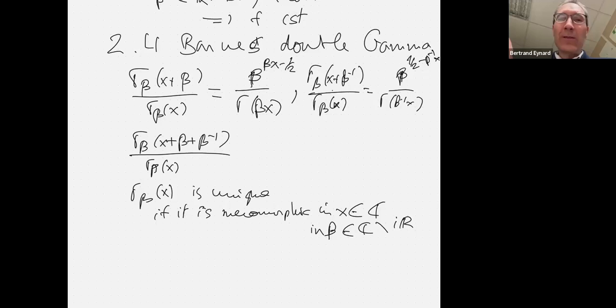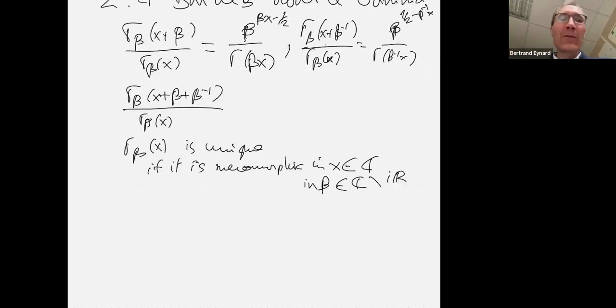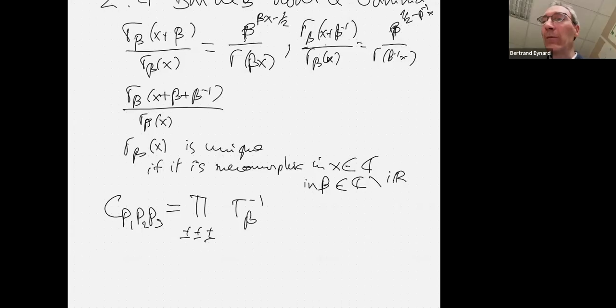And the solution is C(P1, P2, P3) equals the product over 3 independent signs plus minus, plus minus, plus minus, of Gamma_beta inverse, meaning 1 over the function Gamma_beta of (beta plus beta inverse)/2 plus minus P1 plus minus P2 plus minus P3.